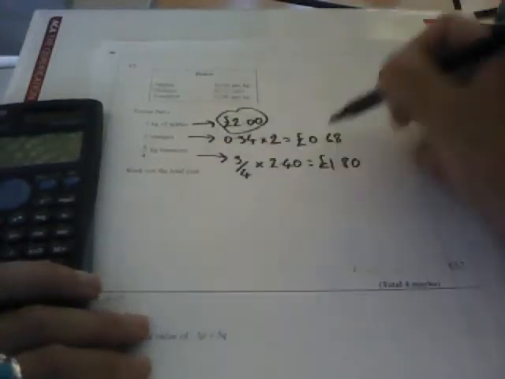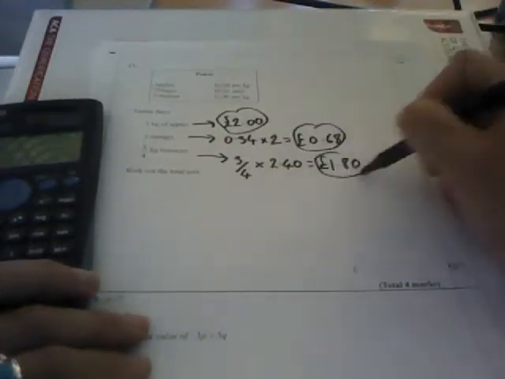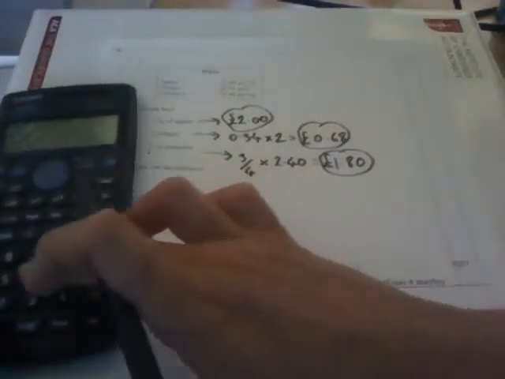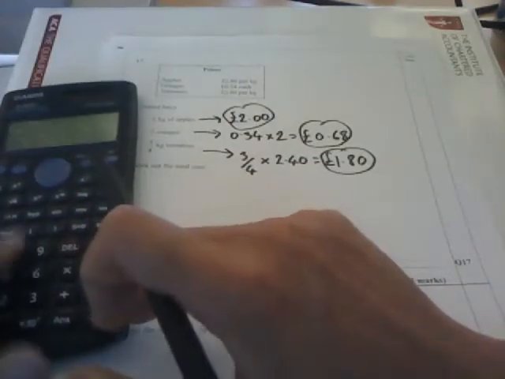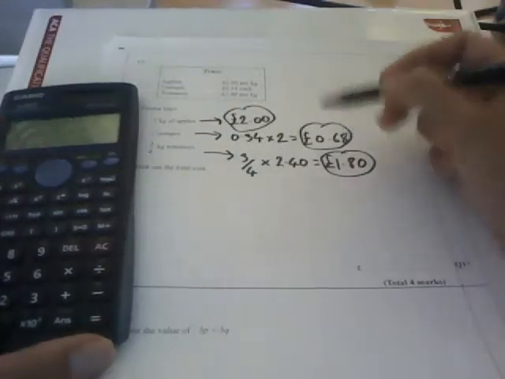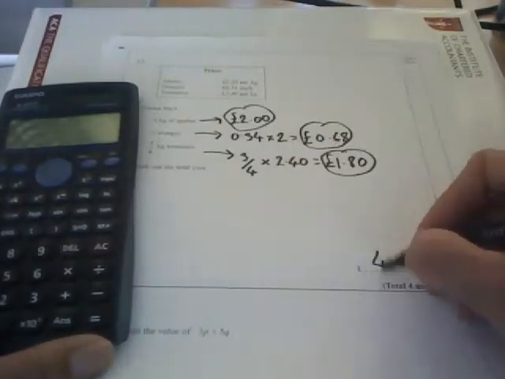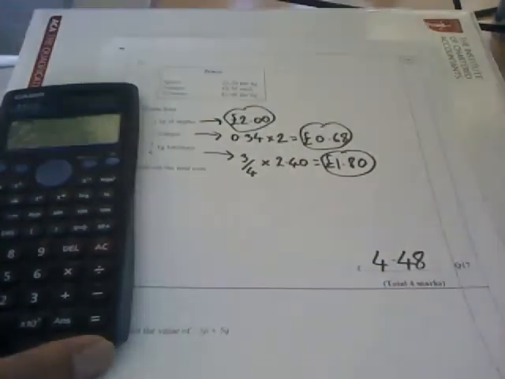So I've got £2, 68p and £1.80. When I type it in, I must type it in using decimal points, typing this in as 0.68 to give me a total of £4.48.